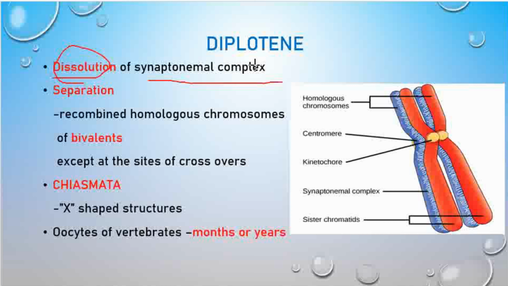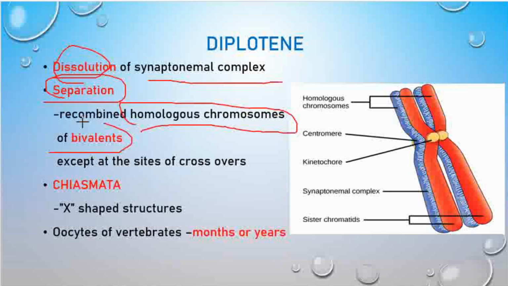After crossing over, everything gets dissolved. Next, there is separation of the recombined homologous chromosomes of the bivalent, except at the site of crossover, where they remain attached. And chiasmata, what you call chiasmata, is the X-shaped structure. You can see an X-shaped structure here of the homologous chromosomes, which you call chiasmata.